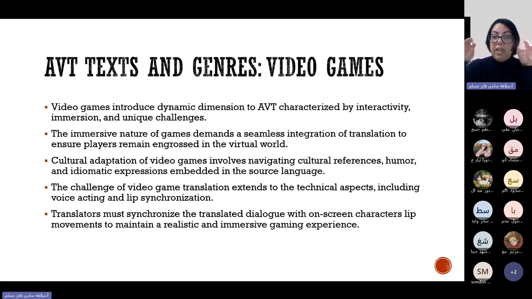You know, all the video games have the click here, click there, do this, do that, okay? So all these interfaces need to be done properly, need to be translated according to a natural flow of language, so that when the gamer starts playing, he is captivated, captured by a correct and proper language, in addition to the colors, to the schemes, and everything that is within the video game.